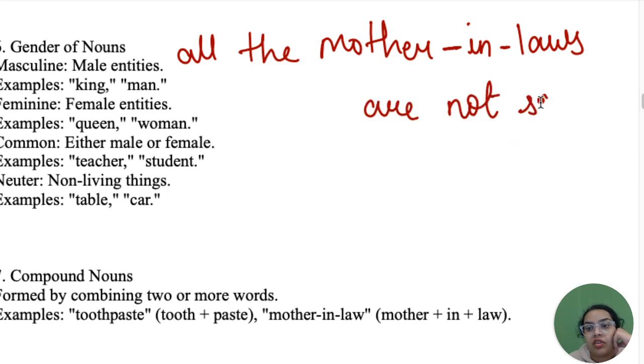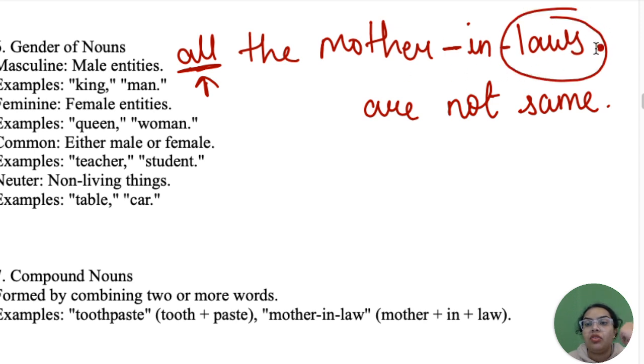We have seen such questions in previous years, by the way. So I'm talking about all of them in the world with the title. Mother-in-laws is wrong. You are choosing the wrong word to convert into plural.